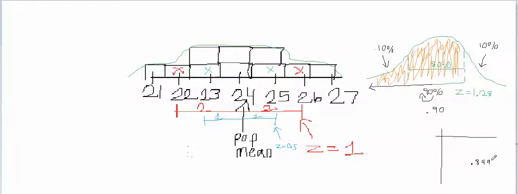That's very close to 0.9. And what I had to do is go to the row over here and the column up here. Over here I got 1.2. And for the column I got 0.08.